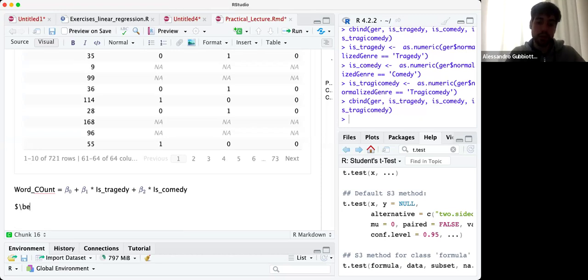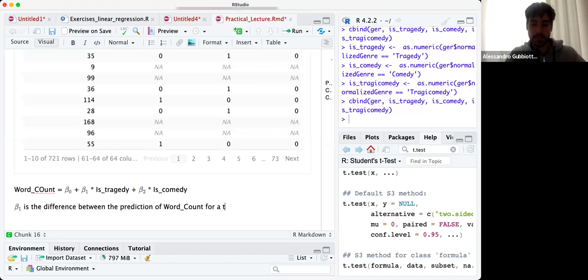And now the usual interpretation is that beta 1 is the difference between the prediction of word count for a tragedy and a tragicomedy, because beta 0 is the estimation for a tragicomedy.